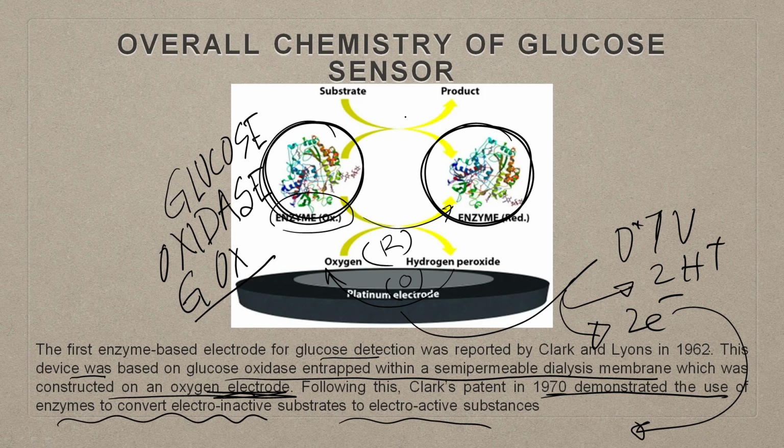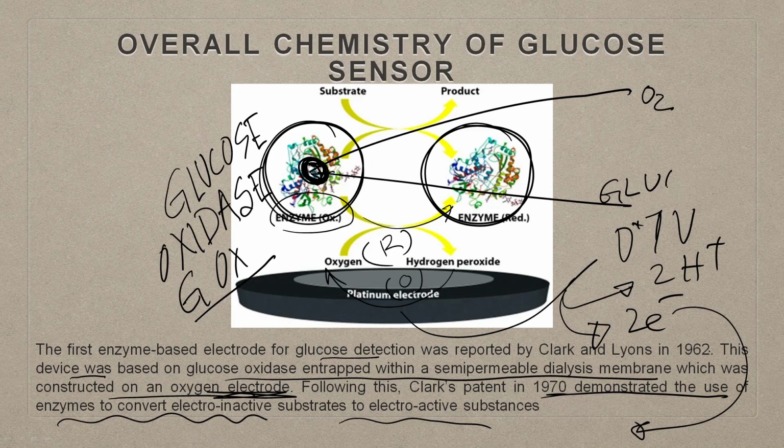Whatever reactions are happening, they are happening inside the pocket of this enzyme. So, inside the pocket, first of all, oxygen has to reach inside the pocket, and of course, the glucose has to reach inside the pocket.